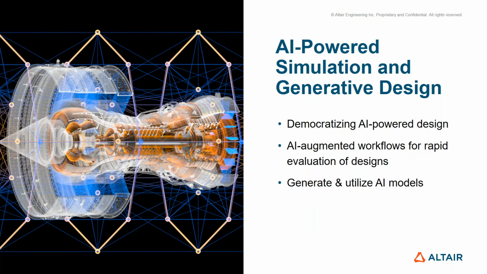And yes, using this Altair, we have new AI-augmented experiences, which guide users through workflows, and you can also generate your own AI models within this AI-powered platform. You can also extend to the creation of reduced order models and AI models, with which you can optimize system simulations. Everything is solvable.